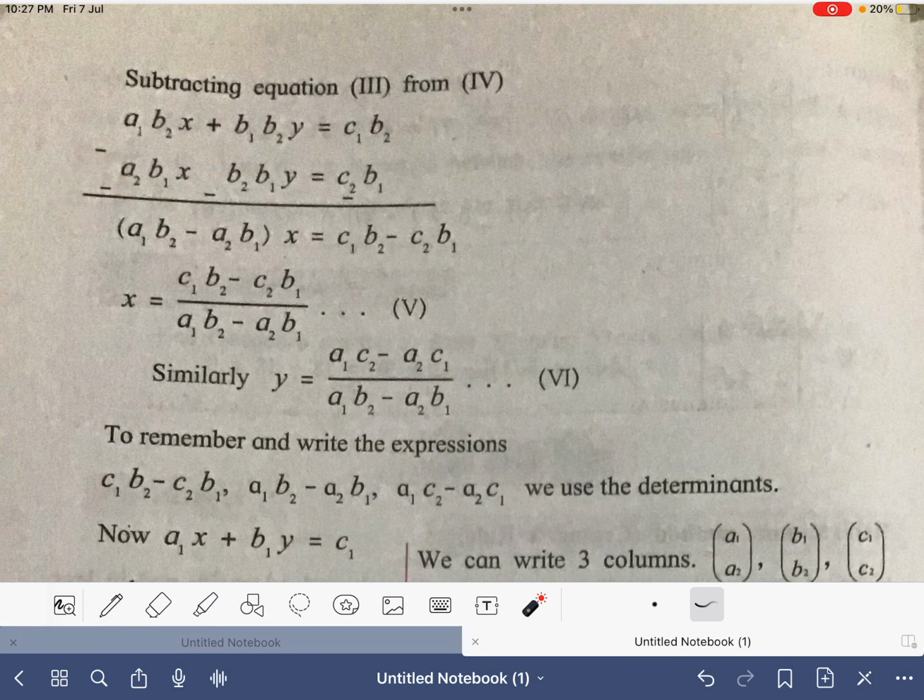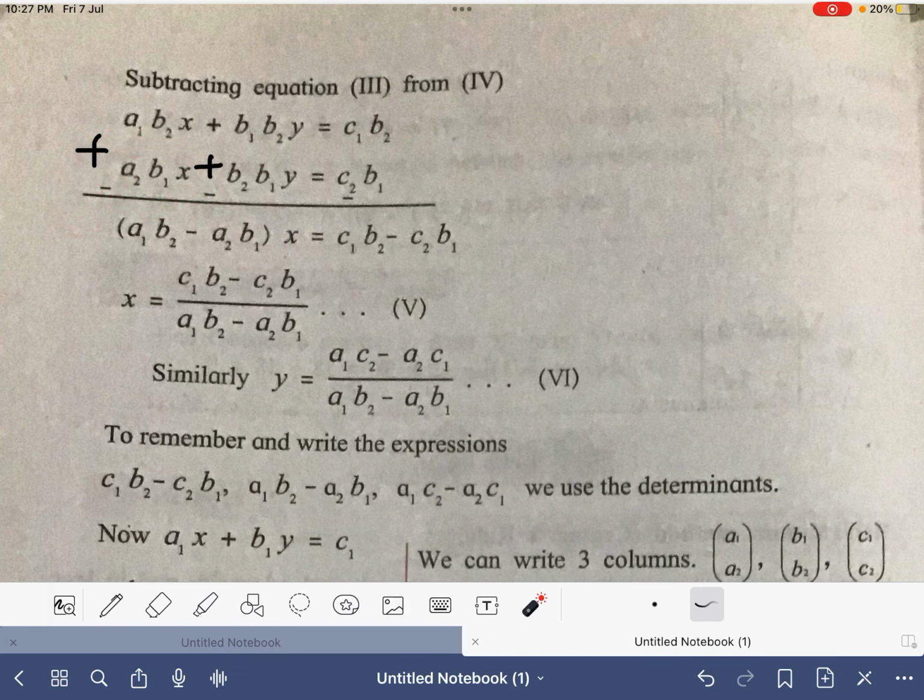Similarly, this term, which is also positive, here is a printing mistake, so let's assume this is plus and here also it will be plus. Now what will happen? Because of minus, this becomes negative, this becomes negative, and this also becomes negative.